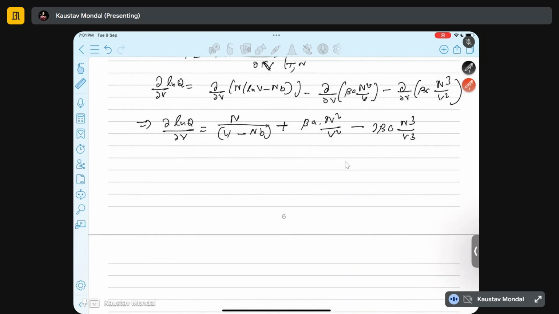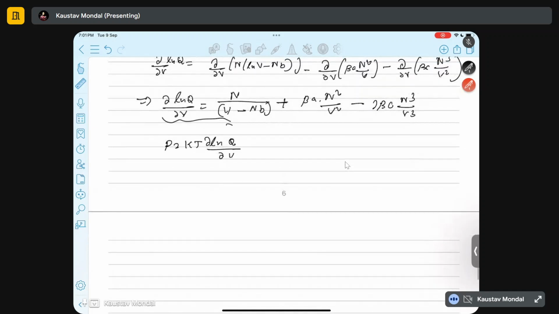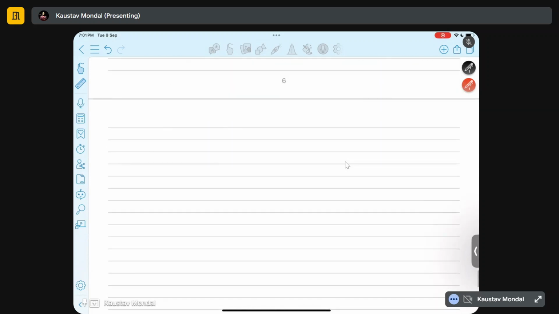Okay. So now what we have to do is set this equal to, as we already know, kT ln Q by 2 P dot delta. Now let's substitute this here, and then you will get an equation of state for this kind of gas.